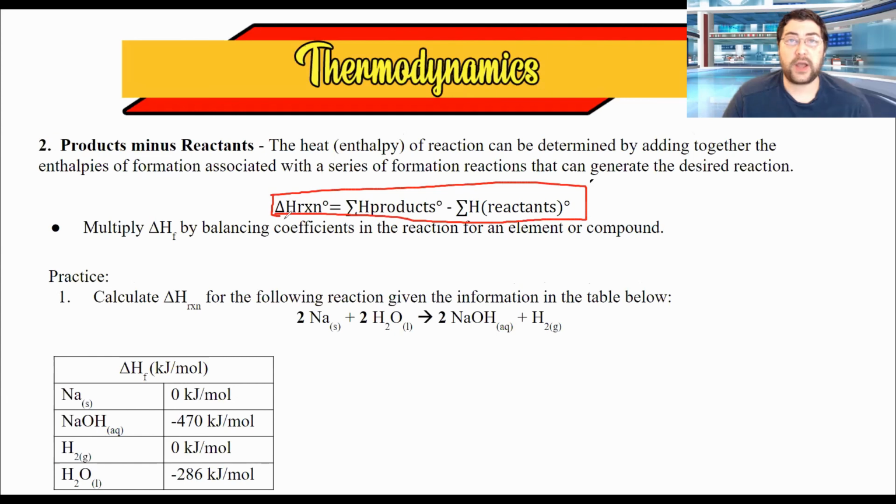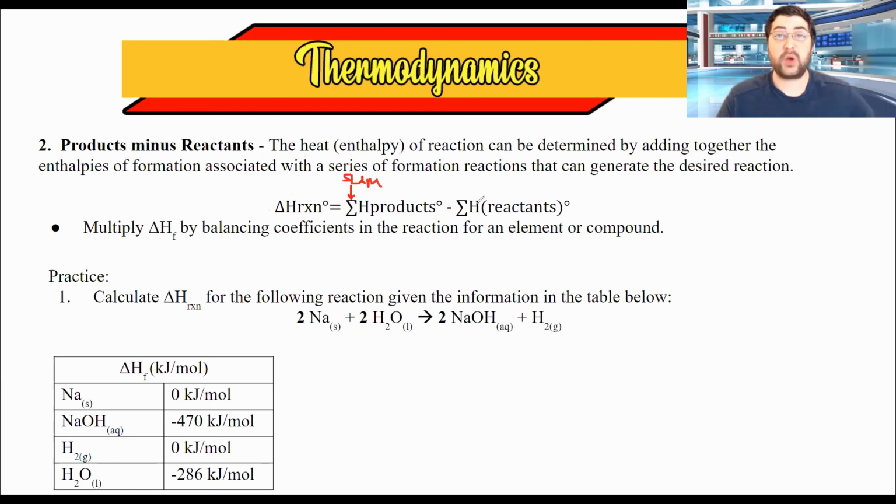So the heat of reaction, this little degree symbol that we have here, that means under standard conditions, okay, which is 1 atmosphere of pressure and 25 degrees Celsius. That's standard conditions. All right, this symbol right here, that's sigma, that's capital letter sigma in the Greek alphabet, and it means the sum, okay? It means to add everything up, okay?